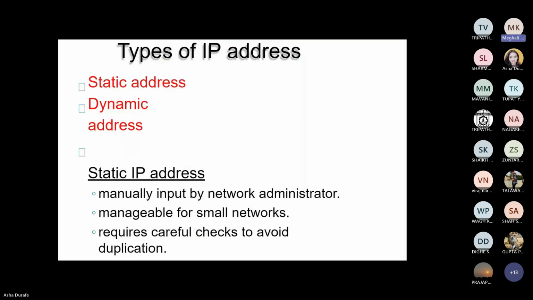Now, apart from private and public IP addresses, we have one more classification of IP addresses depending on the assignment of IP addresses. Here we have two types, static IP address and dynamic IP address. A static IP address, as the name tells, is manually inputted by the network administrator. When there are small networks, network administrators generally use the static IP addressing scheme because it is manageable for small networks.